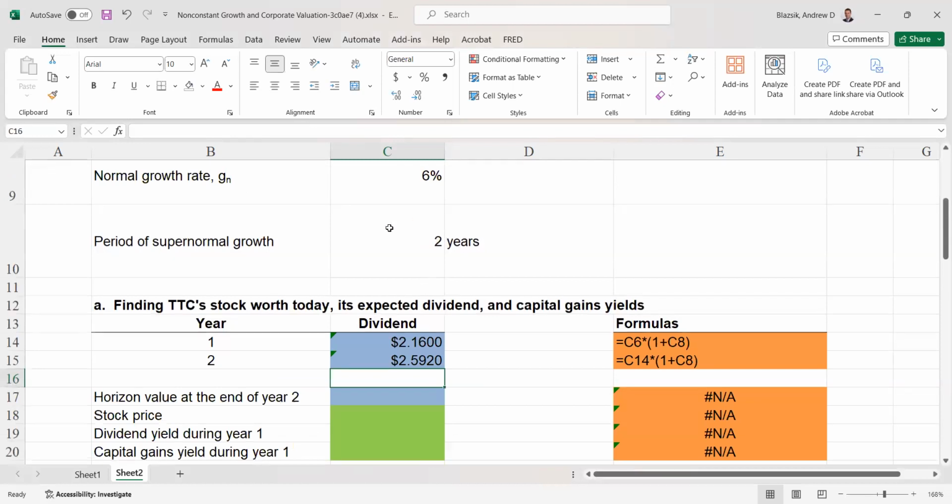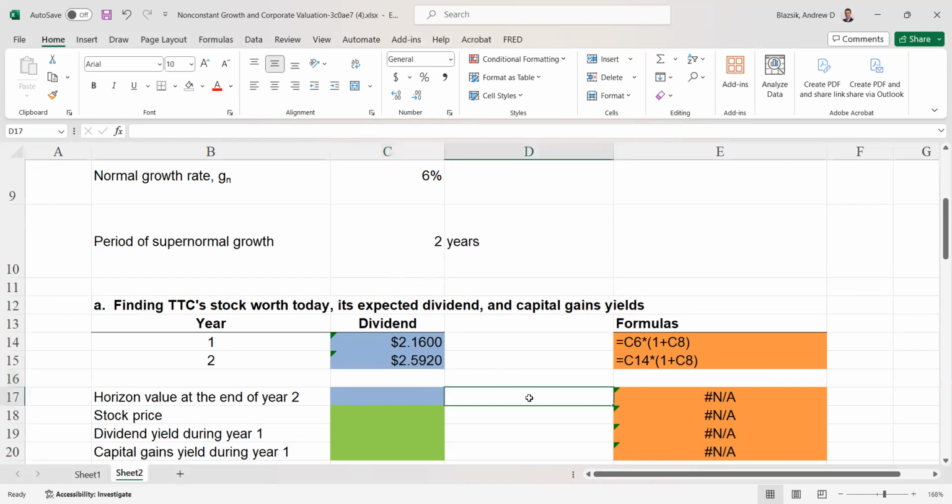So I want to figure out if you bought the stock in the second year, how much would that be worth? If you bought it today, you get paid 20 the first year, and 20 the second year. But if you bought it the second year, you get 6%.